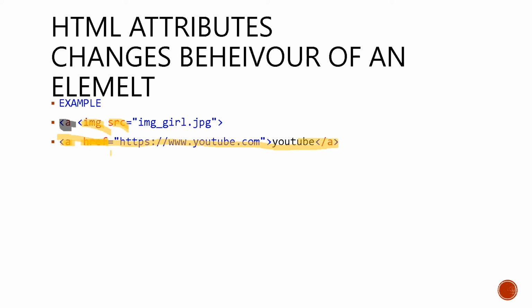The anchor tag is defined for creating hyperlinks. We can create hyperlinks by using anchor tags. Here is the open anchor tag, the link, and the closed anchor tag. This was the format of how we write the anchor tag.